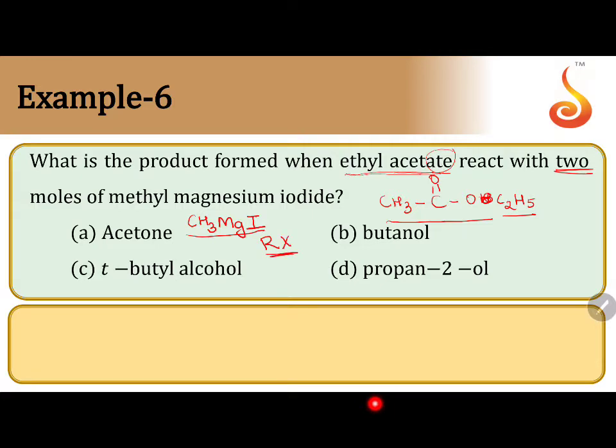Let's see how an ester reacts with a Grignard reagent. So, first what will happen? I'll write my ester here, which in this case is ethyl acetate. Now, we add my first mole of methyl magnesium iodide.